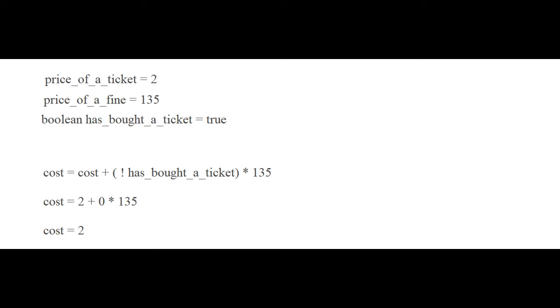On the other hand, we want to have the Boolean equal to 1 when the passenger has not bought a ticket. Again, we can see that the negation of has bought a ticket works here. Indeed, for someone who has not bought his ticket, the value has bought a ticket will be false and equal to 0, whereas the negation of has bought a ticket will be equal to 1.